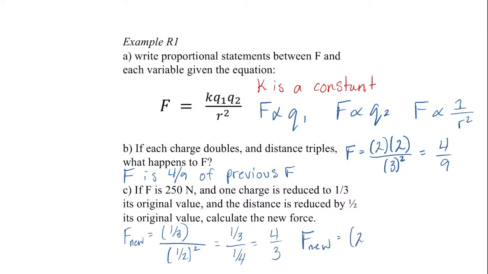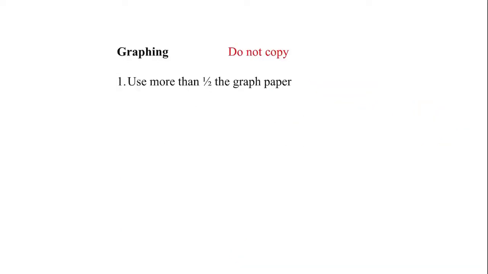I need to take the original 250 newtons and multiply that by 4/3, because that's how much the new force will be. It's 4/3 as much. Okay, and then if we calculate that, we should get 333 newtons. And there we go. So that's how we also use proportionality to solve something like that. Okay, and that is definitely something you will see in Physics 30.